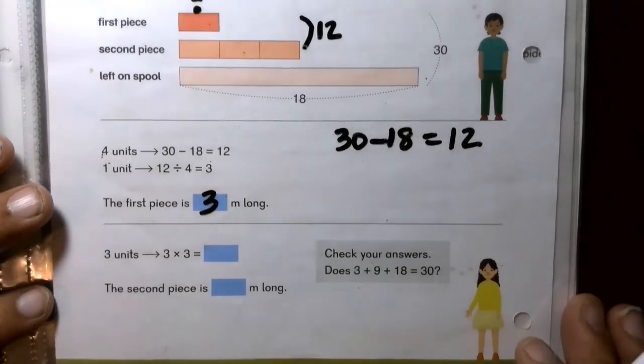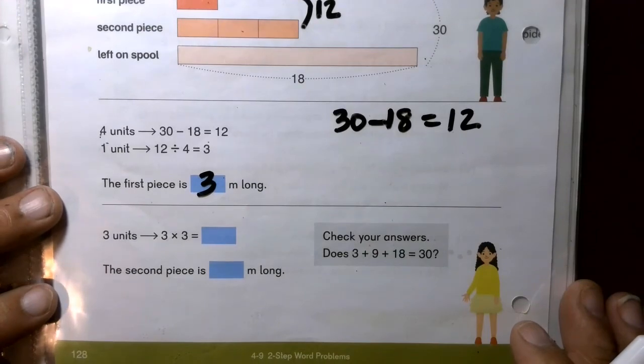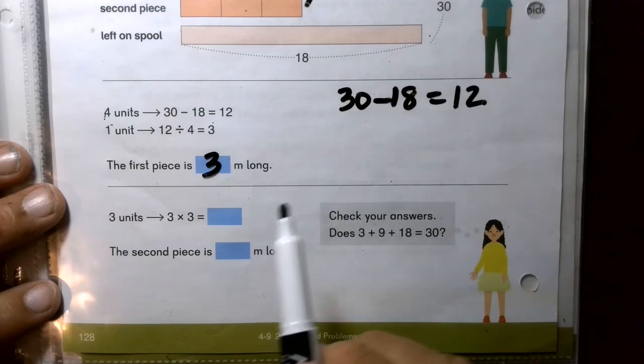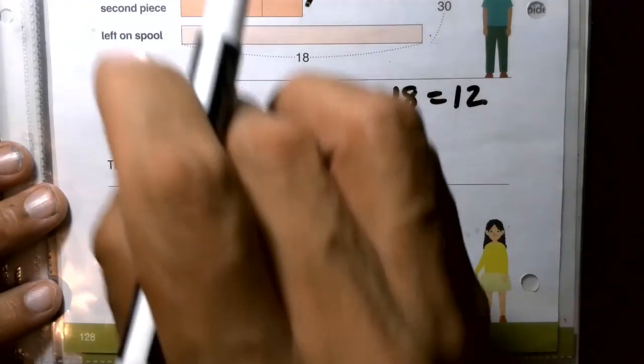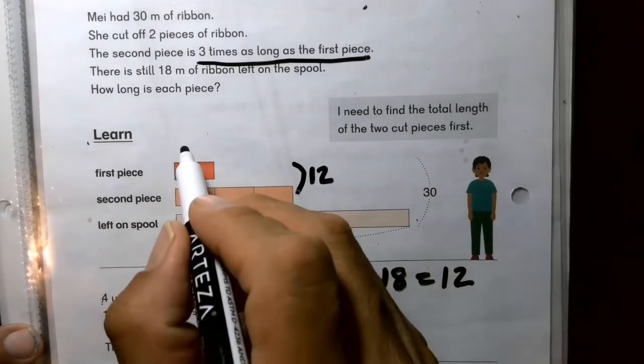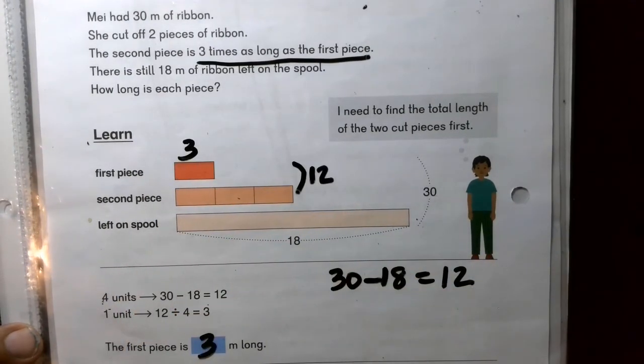Now I'm going to push this up. And then it says, now that I know this, now I know this is what? That's 3 meters.